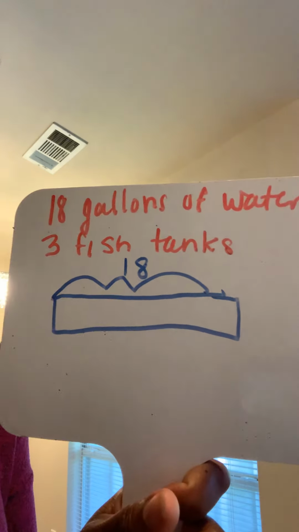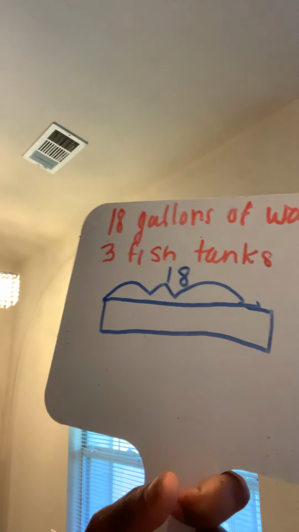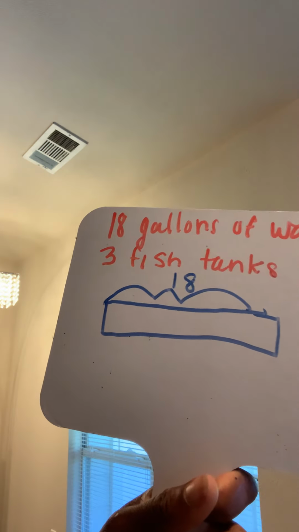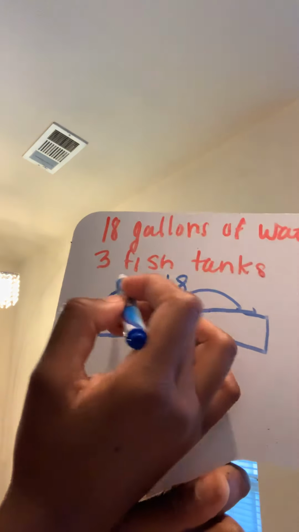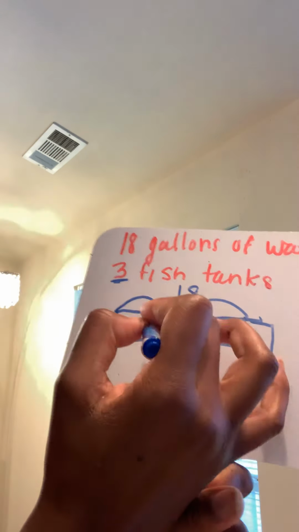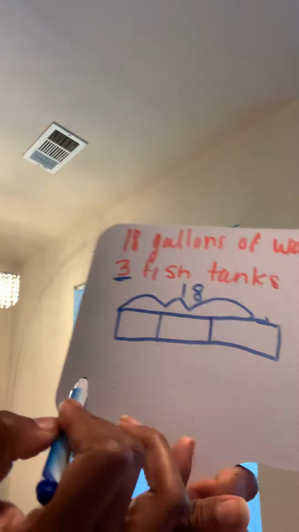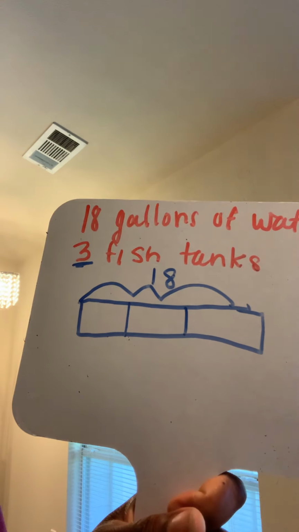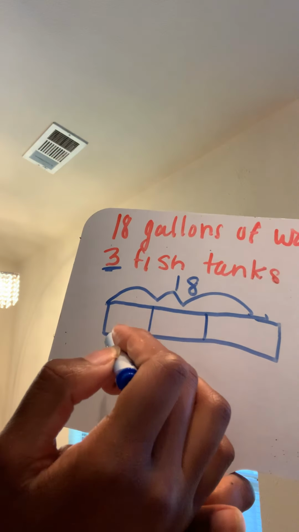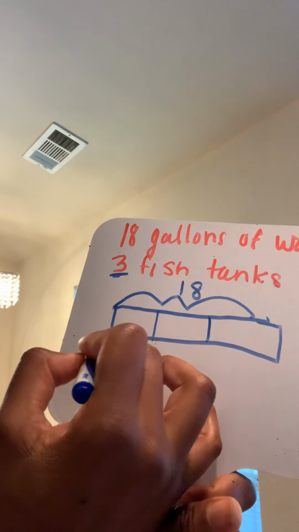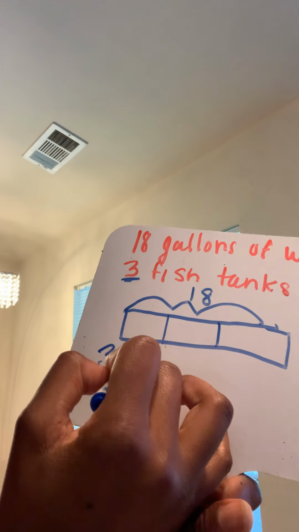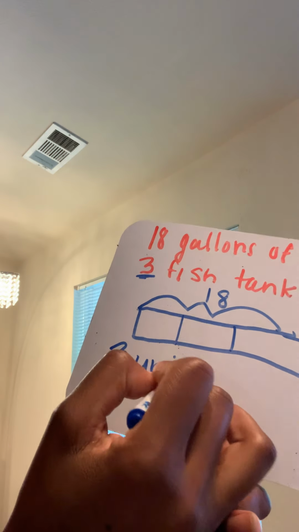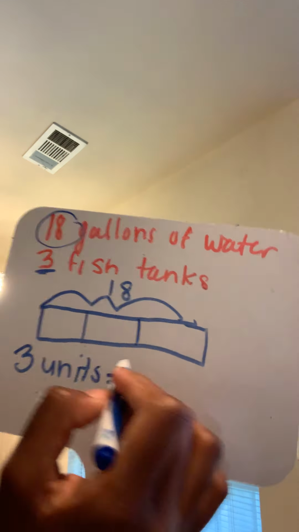Then we've got to partition this by the number that we are dividing by, which is that 3, because we have 3 fish tanks. So now, moving on to that second step, we know we have 1, 2, and 3 units. And that's equal to 18.